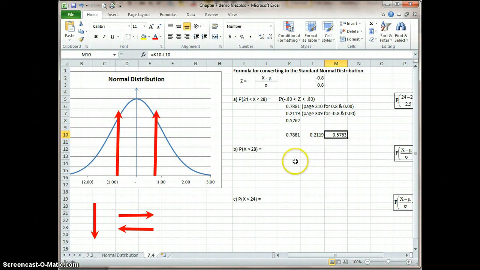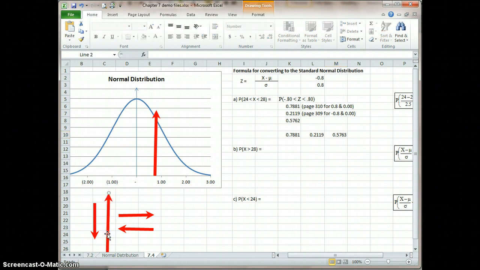Now, for part B, we want to know the probability of the battery lasting longer than 28 hours.